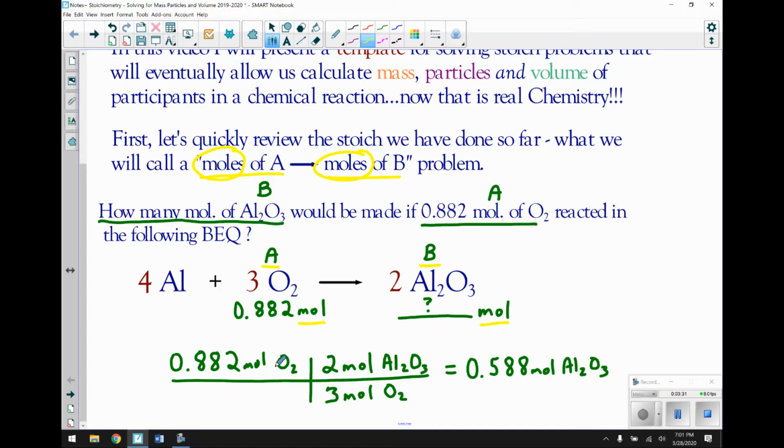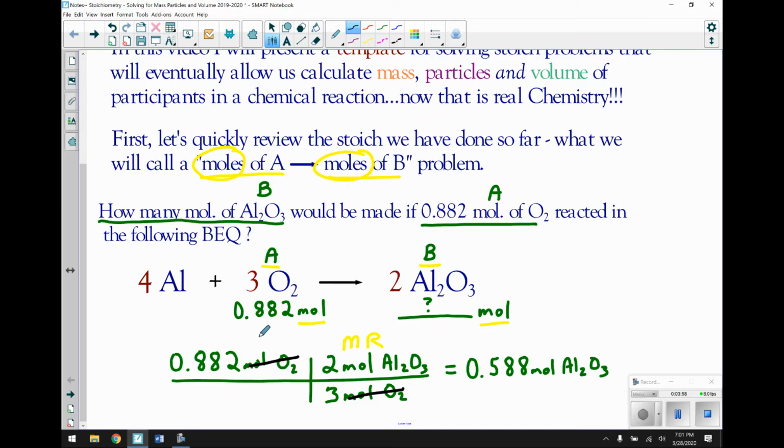If you recall, the way we solved this problem in the past was we started with our given. We applied that magic mole ratio, which was the coefficient of aluminum oxide over the coefficient of oxygen. And the reason we did it like that was so that the units moles of oxygen would cancel.